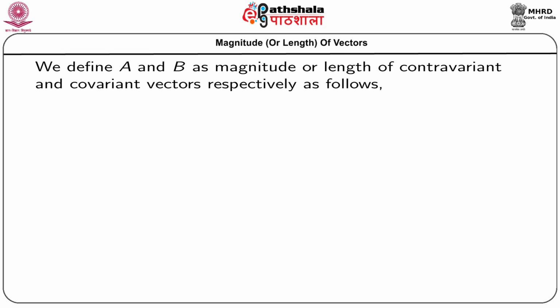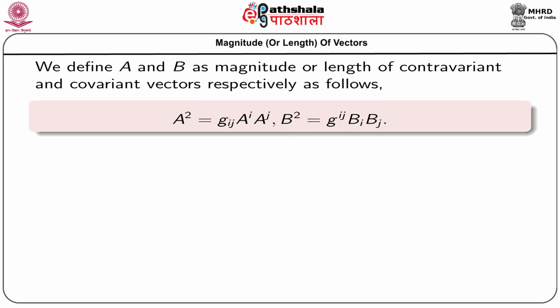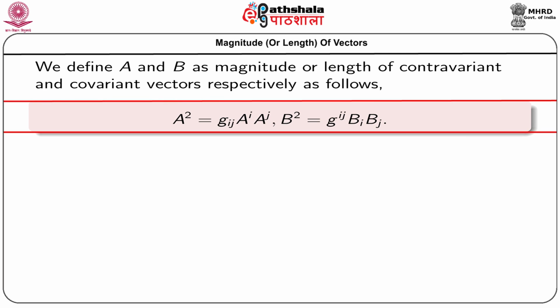If A and B are the contravariant and covariant vectors respectively, then the magnitude or length of these vectors can be defined with the help of the fundamental metric tensor Gij as follows: A square equals Gij Ai Aj and B square is equal to G upper ij Bi Bj.